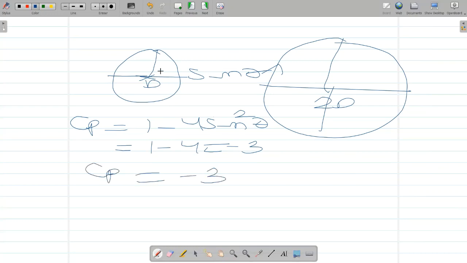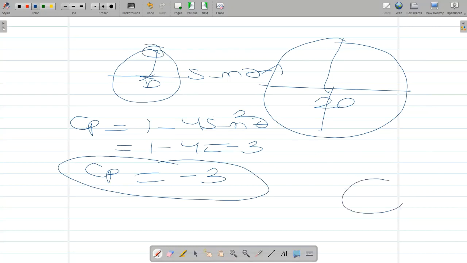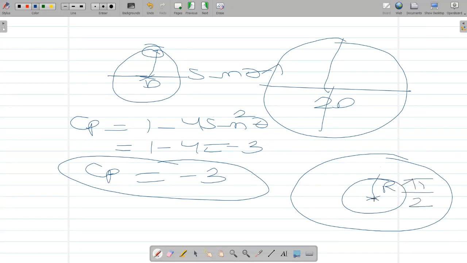And you can see that in both these cases, the least value of Cp does not depend upon the size. If I draw these two on top of each other, concentric, for one it is at a location of radius r and theta equal to pi by 2, and for the other it is at radius 2r and theta equal to pi by 2 in the r-theta coordinate system.